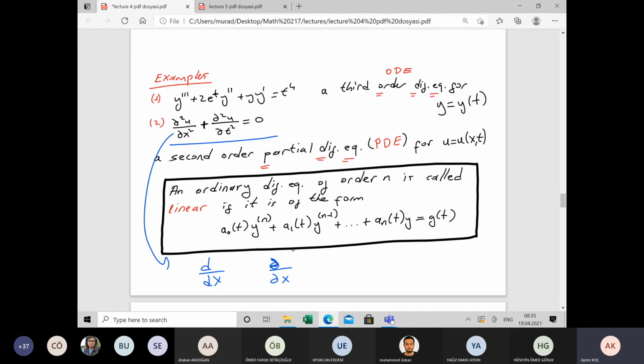Here y depends on only one variable, x, for example, because dy over dx. But here we write u, which means u is a function of x and another variable, for example t. We have two independent variables here, so we can mention the partial derivatives.